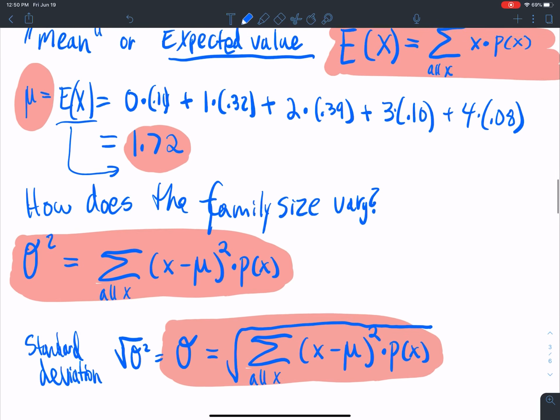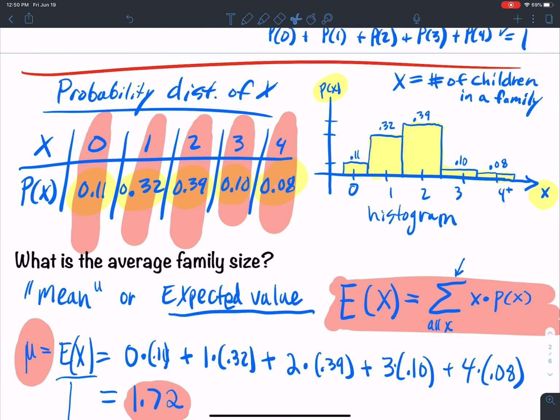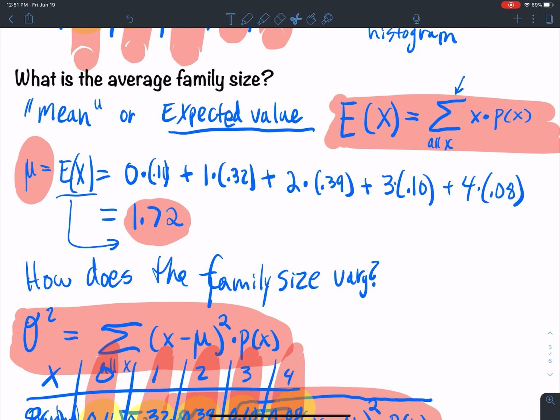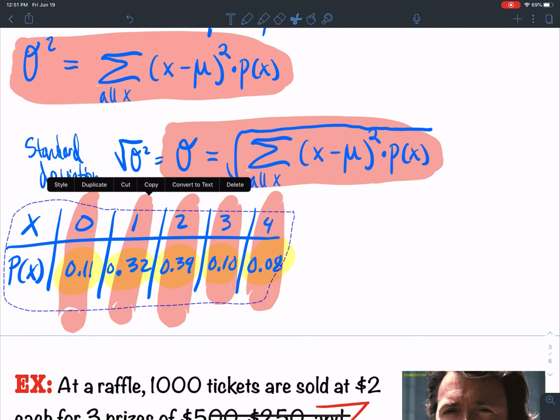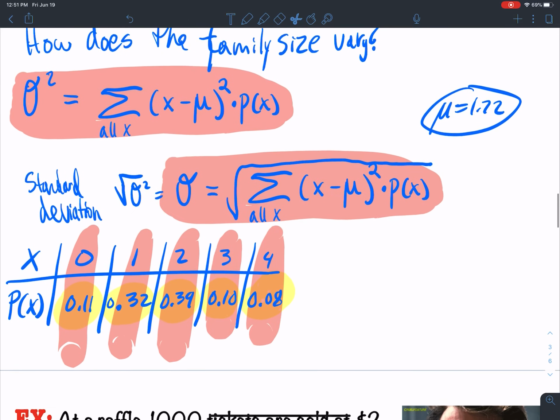Now, how do I do that? Well, let's drag our table down, because this is what I need to get this done. And I think I had a mu equal to 1.72, right? That was my mu.